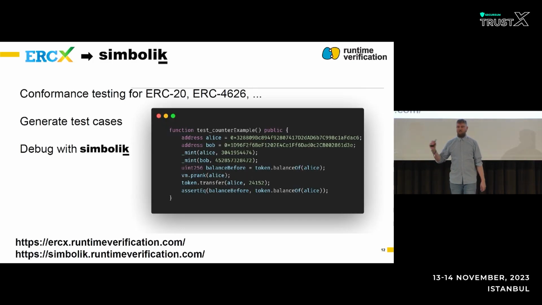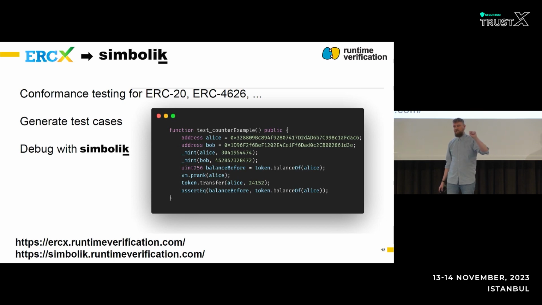And then there's another tool in our tool belt called ERCx, which is a conformance checking tool for ERC20 tokens and ERC4626 tokens. We are working on an integration with the debugger so that if you have an ERC20 token, you can use ERCx to test your conformance with a standard specification.